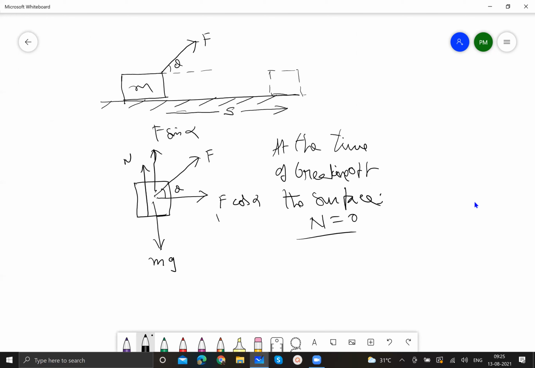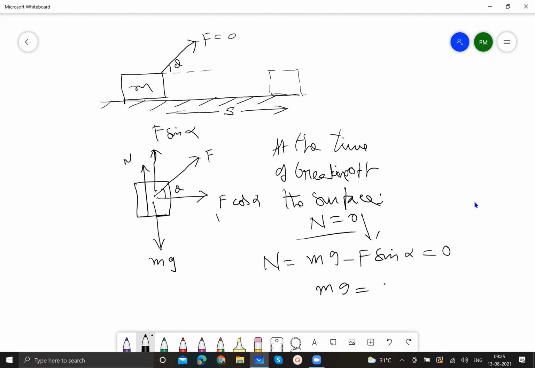So let us try to get the normal reaction. The normal reaction will be mg minus F sin alpha, that should be equal to 0 at the time the body is breaking the plane. So I get mg is equal to F, is given as a t, the force that is acting.